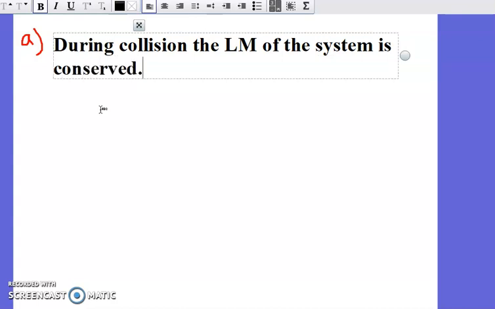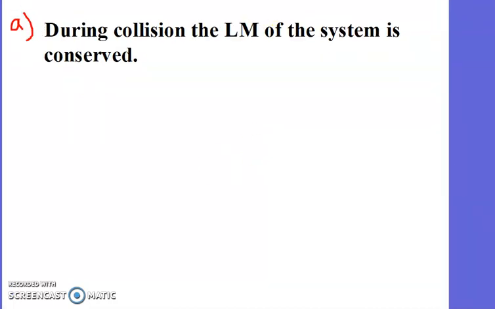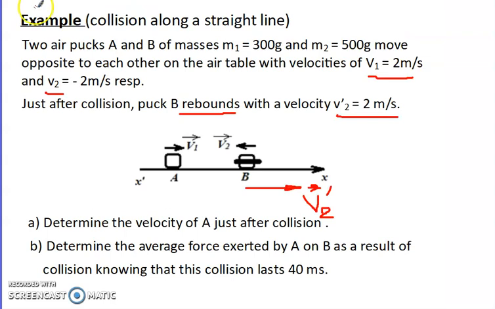And notice here, as I said, linear momentum of the system. System means both bodies. Be careful, both bodies. The linear momentum of A alone is not conserved, because the sum of forces on A is not zero. Also, the linear momentum of B alone is not conserved, while the linear momentum of the system together is conserved.